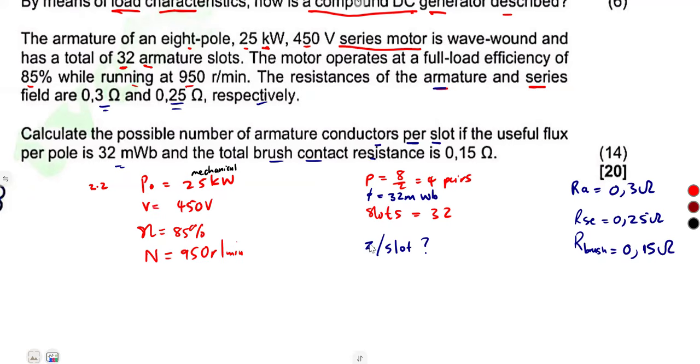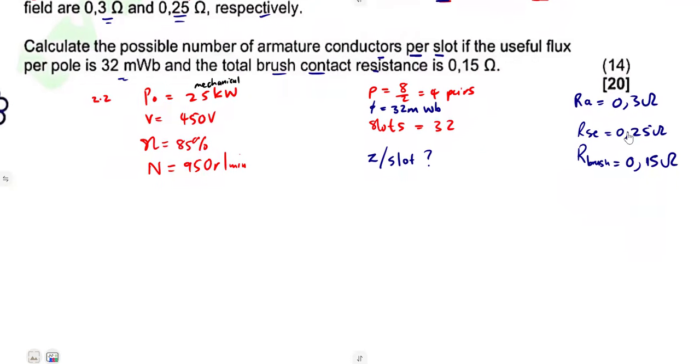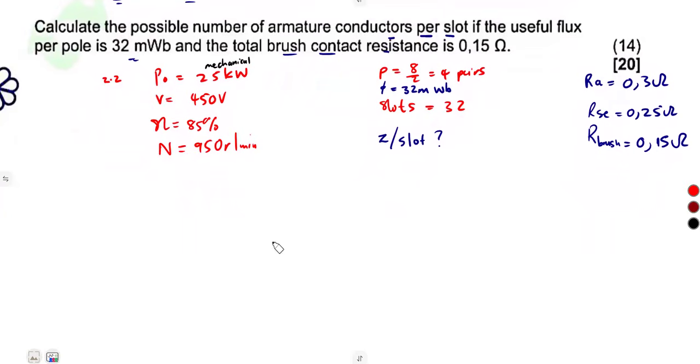So how can we calculate this Z, which is the Z per slot, the number of conductors per slot. This can be calculated if we have the generated EMF, which in our case, we are dealing with a motor. So this is a series motor, remember? So it remains, we'll be having it as the back EMF, all right?